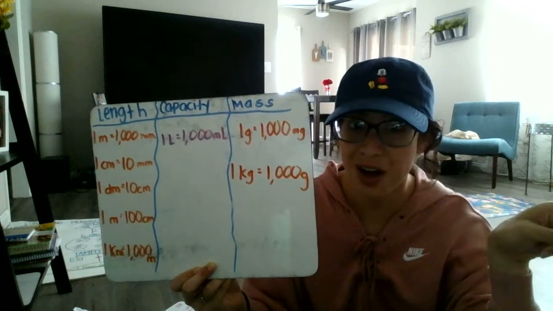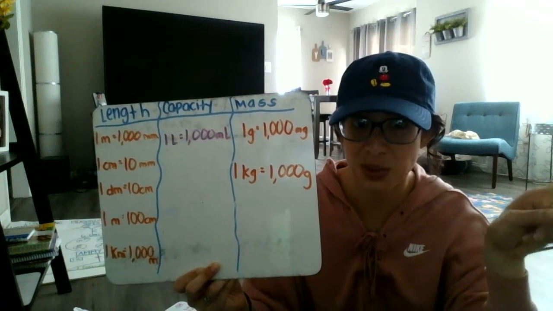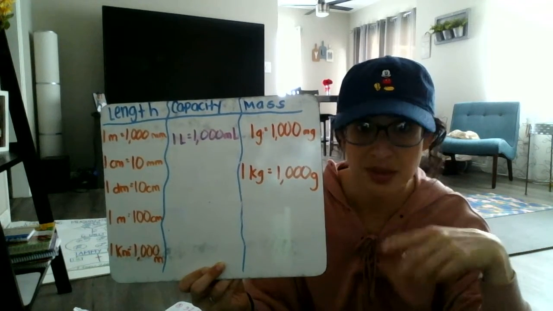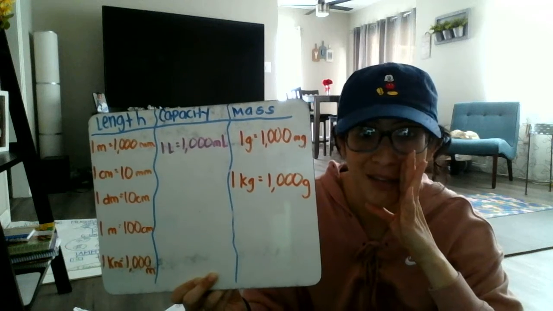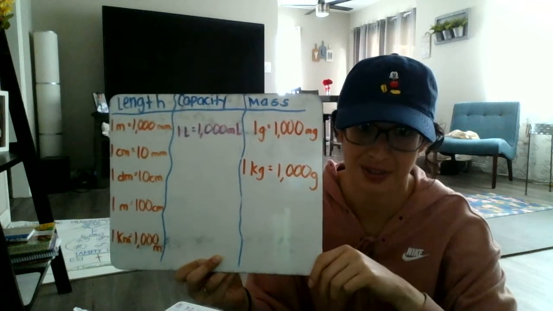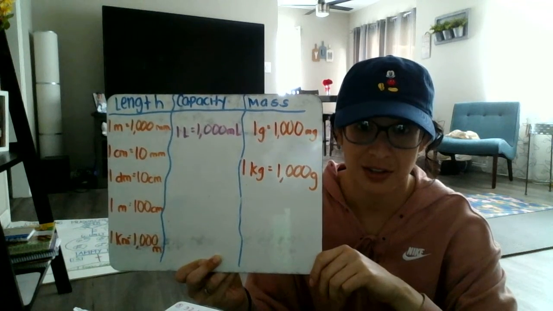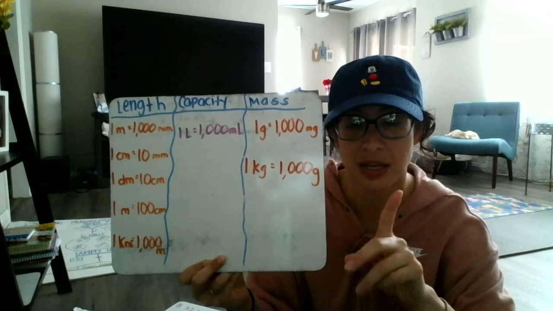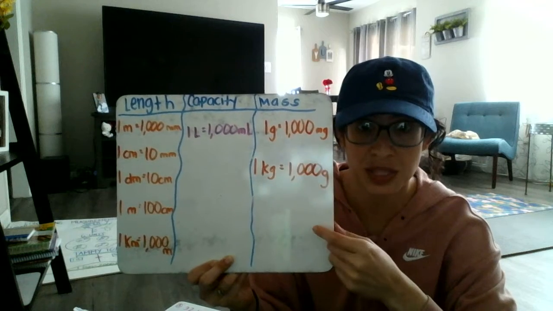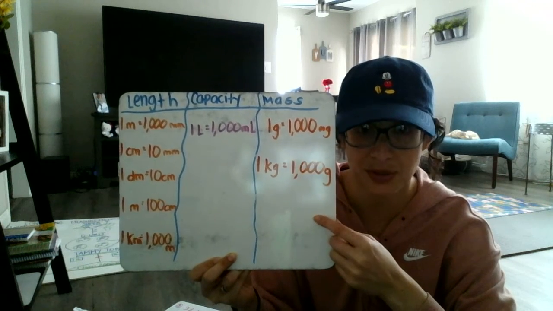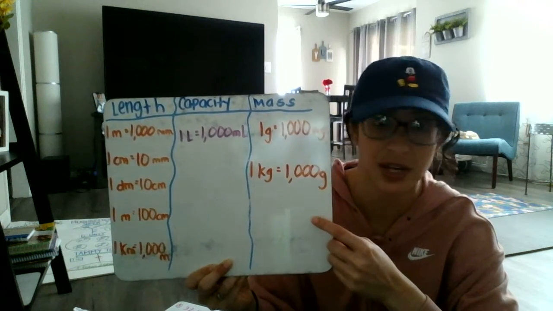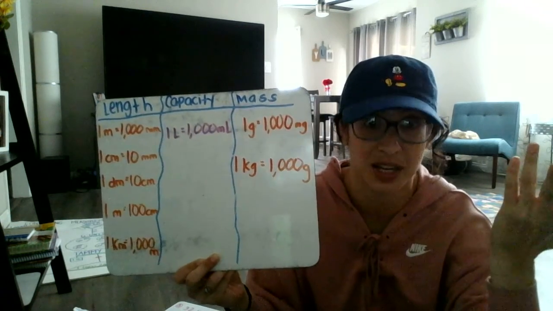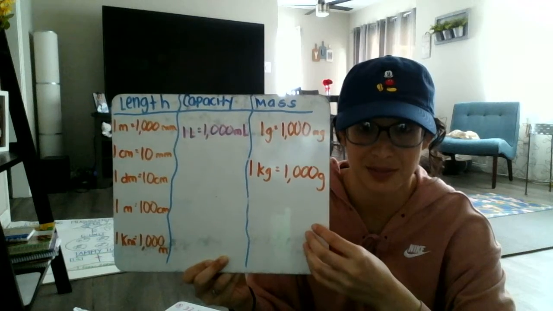So if you didn't copy the one from the last video, like I told you to when we were doing the metric system, I suggest you go back, find that video, and do it, okay? Your test, I think, is going to be at the end of this week. If not, it's going to be at the beginning of next week. So you need to copy this down. You need to have it for the test, or else you're not going to be able to convert. Unless you memorize all of this, great. But if you don't, you need this.